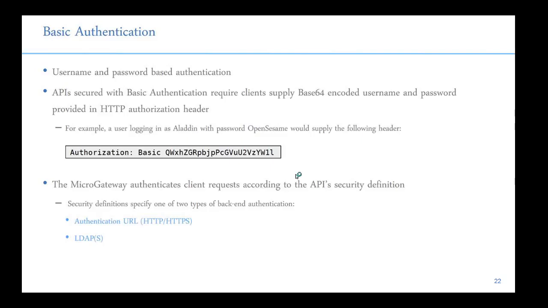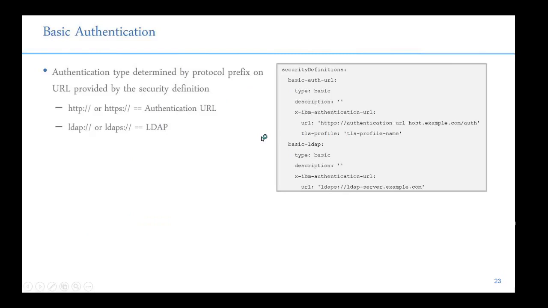And the way that it goes forward in terms of actually authenticating, well, there are basically two methods for providing the authentication on the back end. You can provide either an authentication URL service, which is basically just proxying an authentication request over HTTP or ideally HTTPS, or it could be secured with LDAP, where LDAP over TLS is also provided.